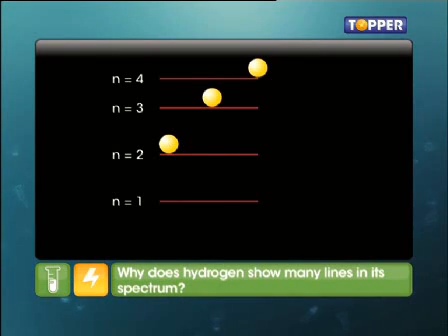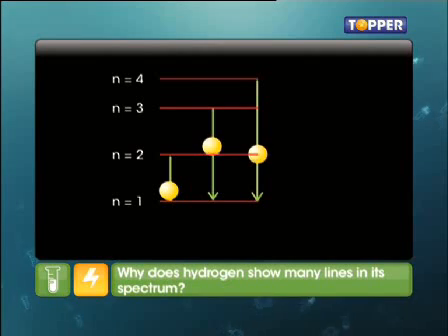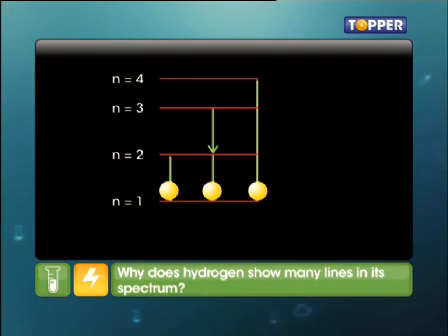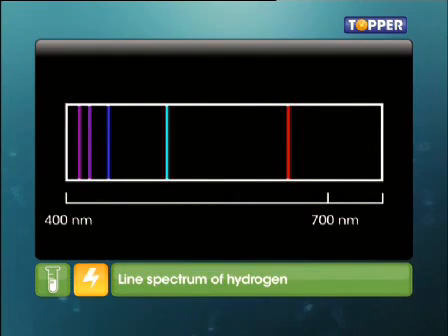Now, the electron can jump from excited state to ground state in either one jump or many jumps, and each jump associated with a definite energy emits radiation of different wavelength. As a result, each wavelength appears as different lines in the spectrum.